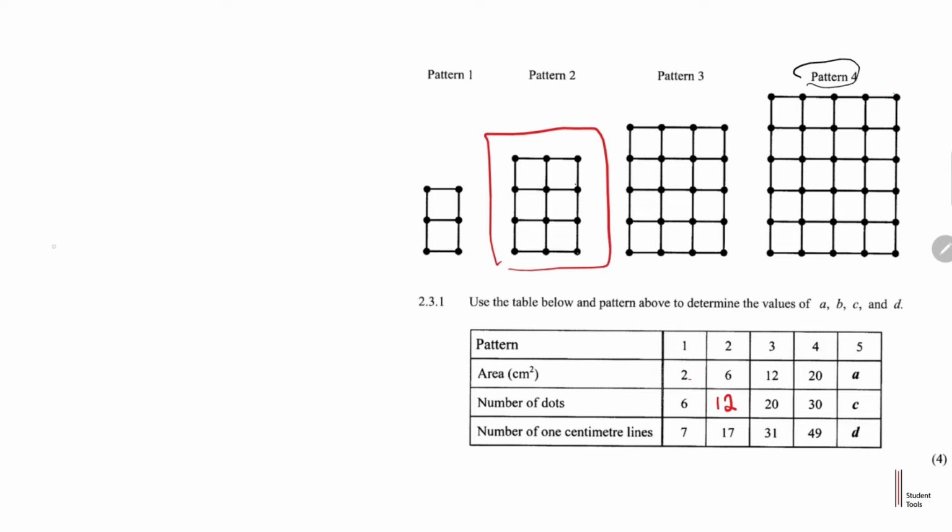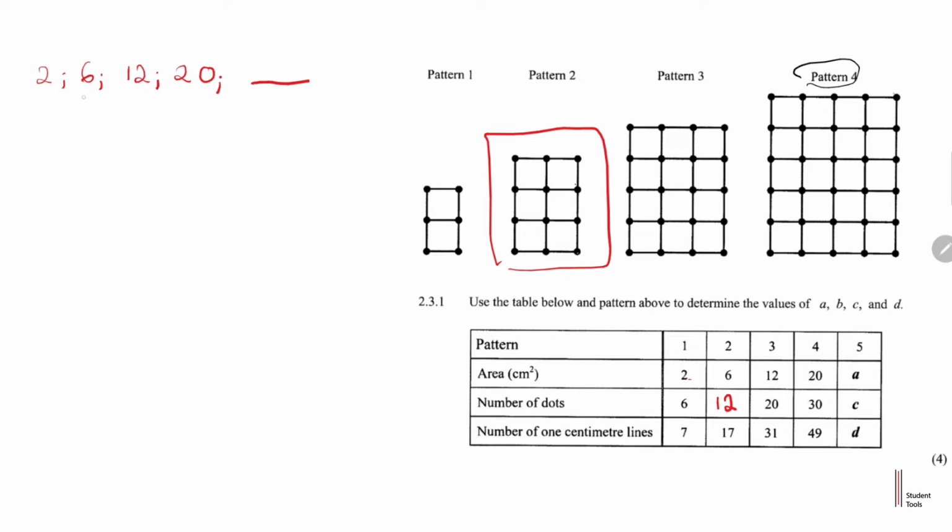So we have this sequence: 2, 6, 12, 20, and then here we have A. I'll just leave it empty. So to find the value of A, we must configure this sequence. So what kind of a sequence is it?